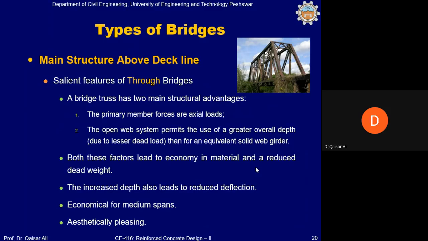So basically, these two trusses on both sides of the bridge act like an inverted beam, and the beam is transformed into an open web truss. So this is a very economical system. The increased depth also leads to reduced deflection. This is economical for medium spans, and it is aesthetically pleasing.